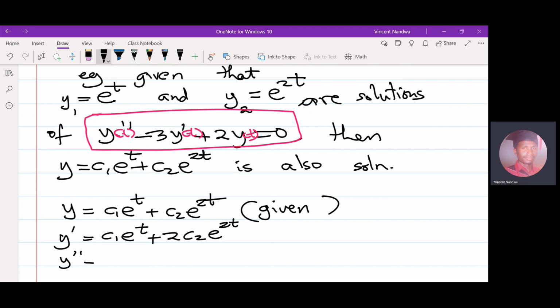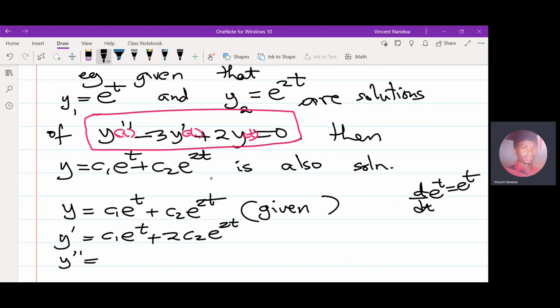And what is the second derivative? So remember, when you differentiate an exponential, you just get the same exponential. So d dt of e power t is just e power t.